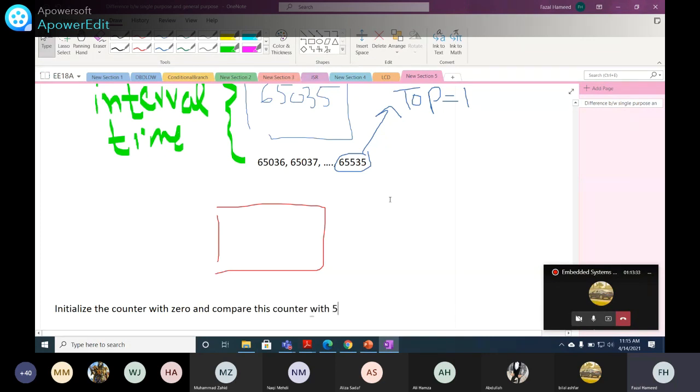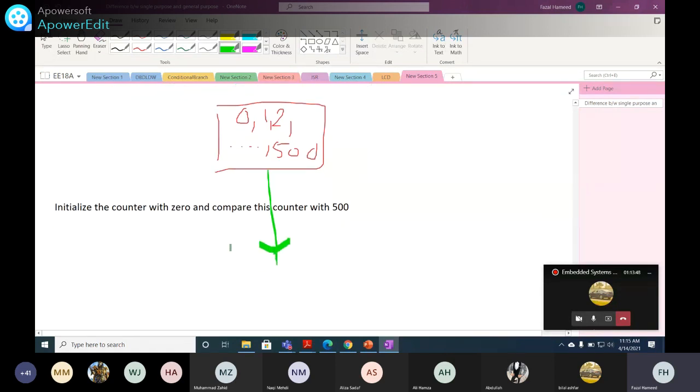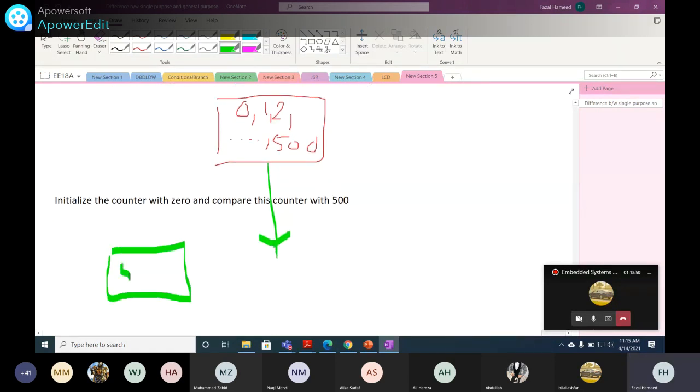Am I right or not? So we initialize this counter with 0. Then it will be 1. Then it will be 2. At one point, it will reach 500. We compare this counter value with an interval counter of 500. We set this value to 500 and we compare it.